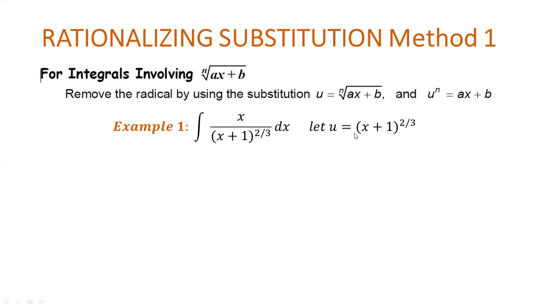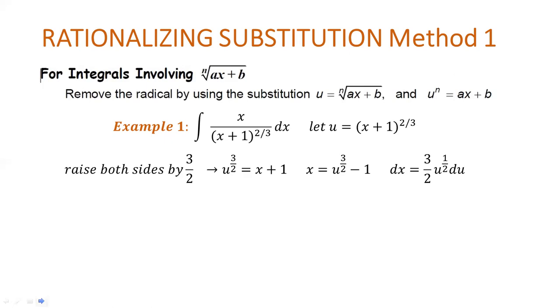So it follows, class, that the terms in this entire equation will be raised to 3, or will be multiplied to 3. That way, this particular fractional exponent will be turned into a whole number, which is specifically in this case equal to 2. So let's see what happens now. You have u raised to 3 halves here, and that would be equal to x plus 1.